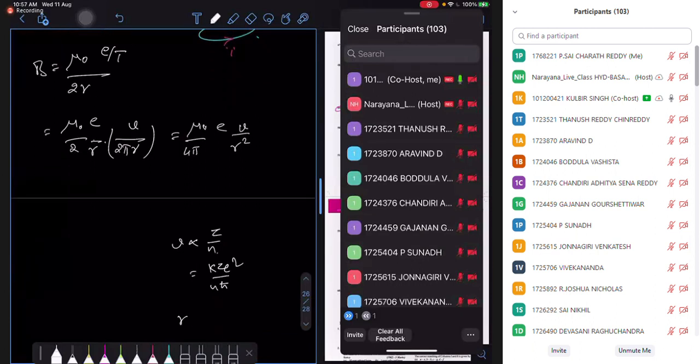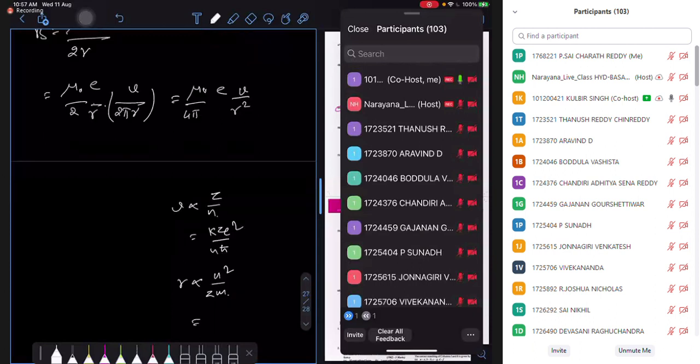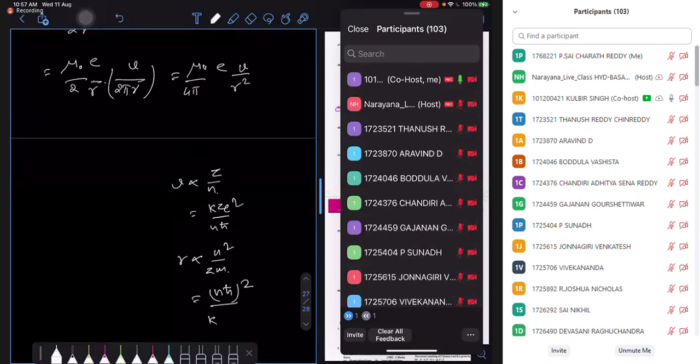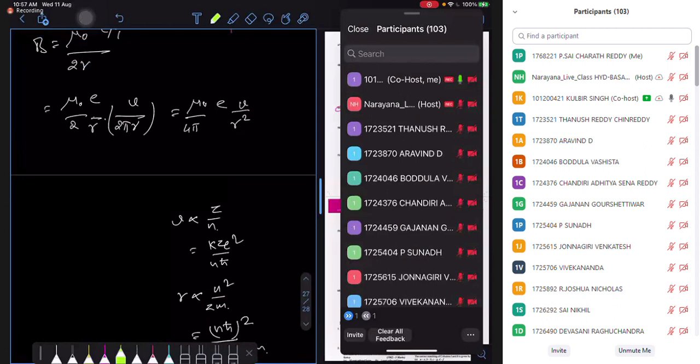The R value is n squared by Zm. Or exactly, you can replace the n with nħ, and Z with kZe squared and m. So we can put the values of this R and V, and that gives me the magnetic field.